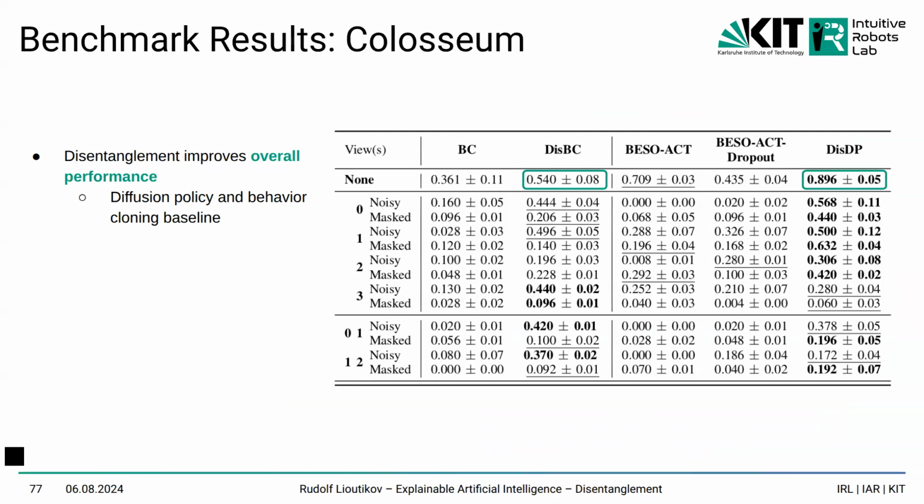Because you can see the baseline. This will be the one without anything, the baseline for just vanilla behavioral cloning, without our disentanglement, and we have almost 20% higher success rate here. And even for a score-based diffusion approach like this one, we're also at almost 20% higher success rate.